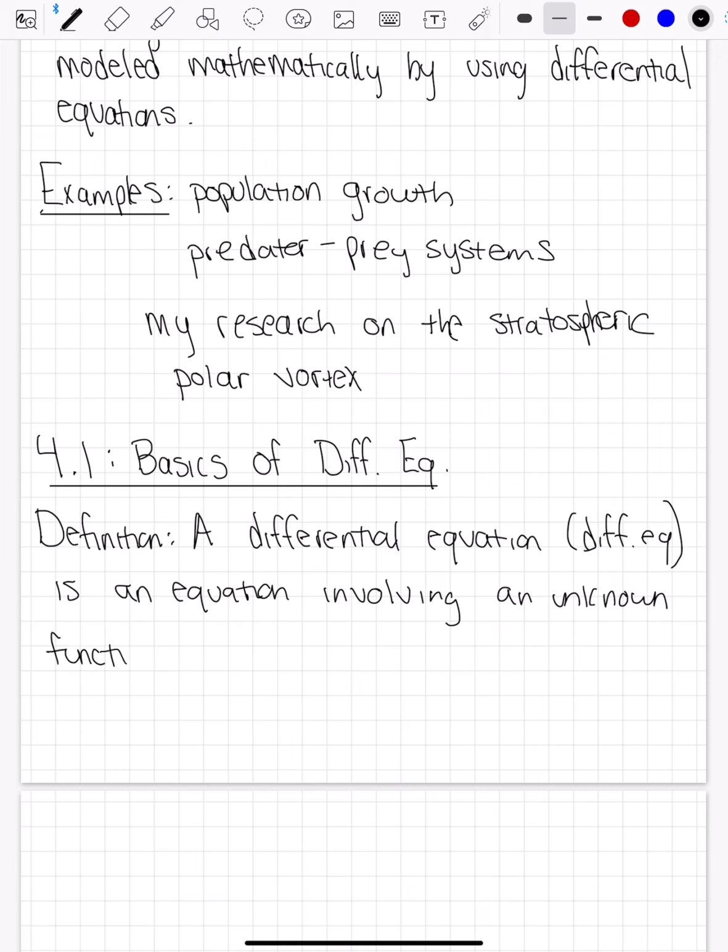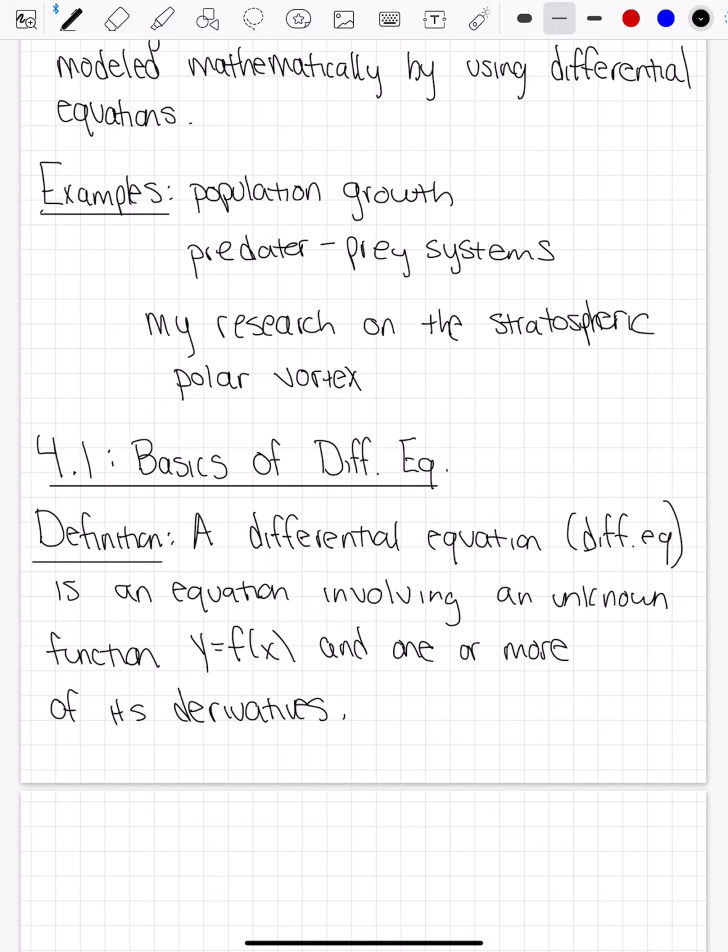So that's why we call it an unknown function y equals f of x. But a differential equation is an equation involving an unknown function y and one or more of its derivatives. And that's where differential equations get their names, right?